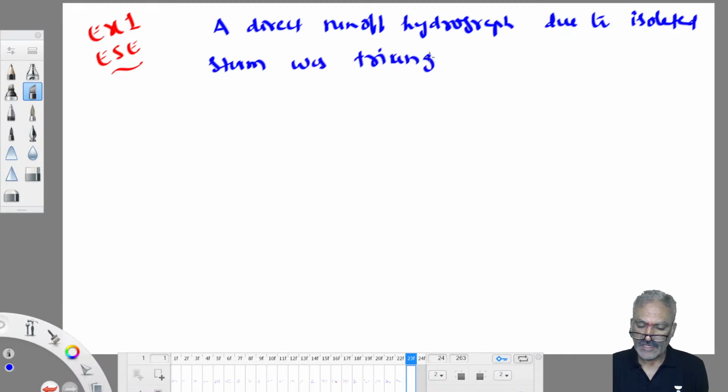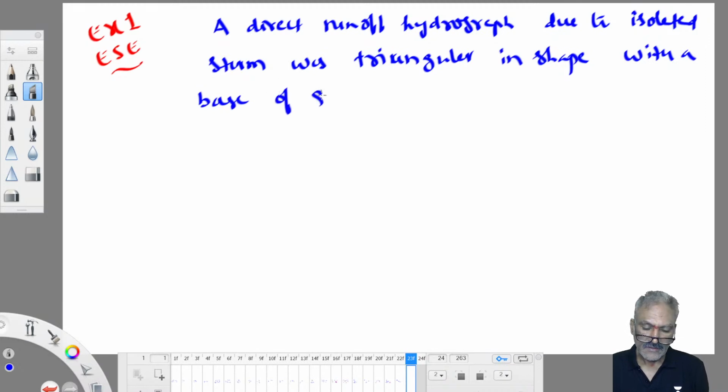This is for our comfort and convenience only, they are assuming it as triangular. Truly speaking, they are not triangular, they are non-linear only. To make things simple, this assumption they made, with a base, time base, of 80 hours, and a peak, peak ordinate, of 200 meter cube per second.